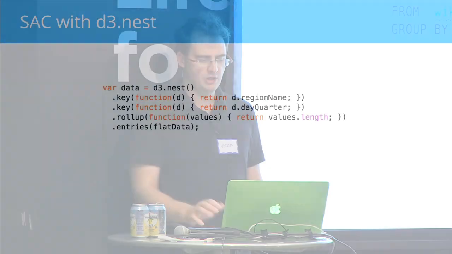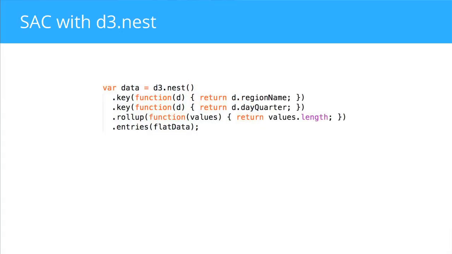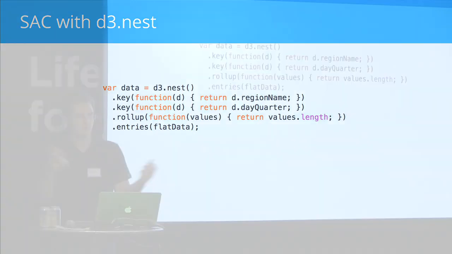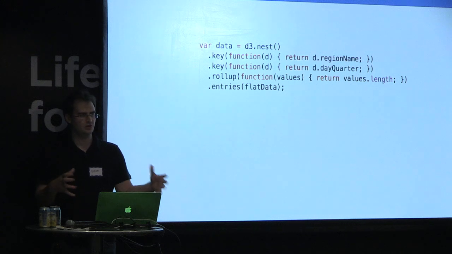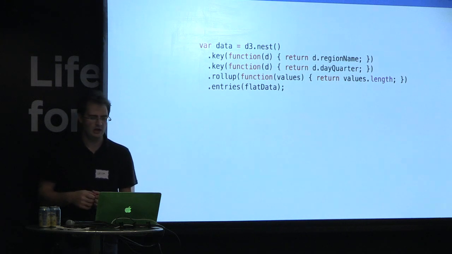But I would send this SQL to the browser, and this would not be enough for me to actually render the visualization. And this is where I would use nest. d3.nest is a d3 helper function that comes with d3. You've probably seen it around because it's used in many examples. It's kind of like the glue that holds a lot of the data stuff together.